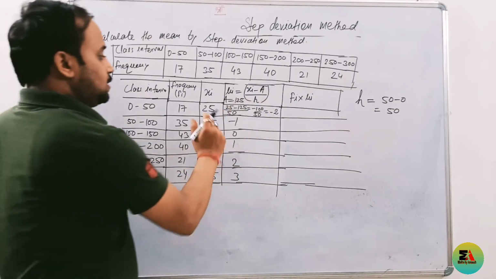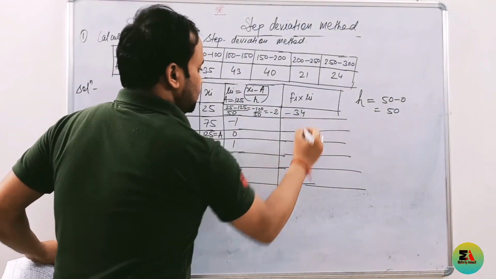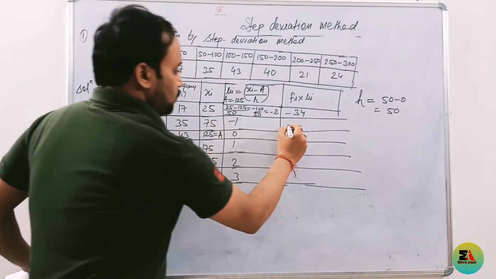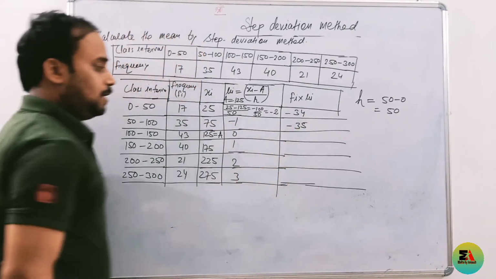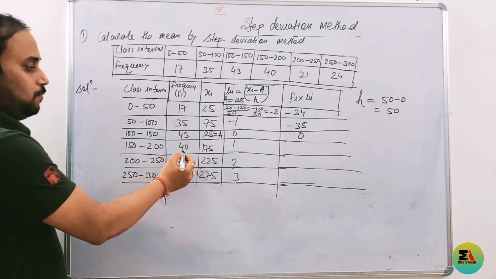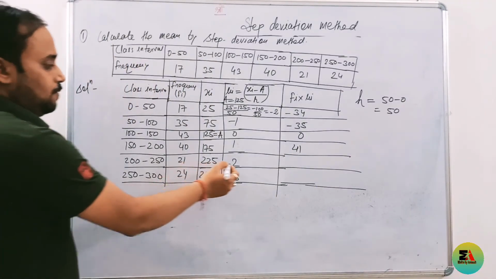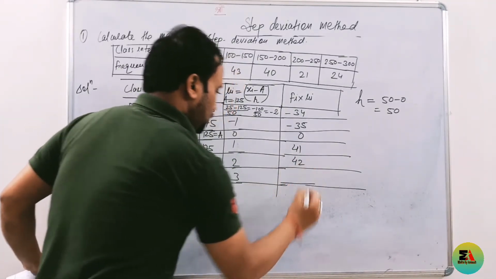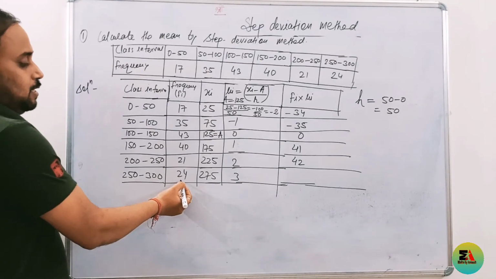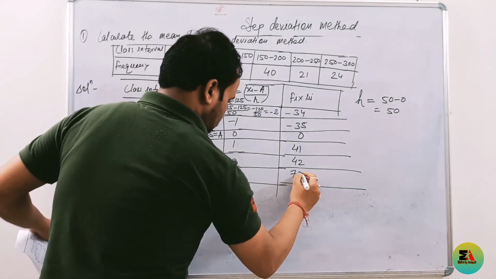Now our last work is to multiply. fi into ui: 17 into minus 2 becomes minus 34. 35 into minus 1 becomes minus 35. 43 into 0 becomes 0. Next, 40 into 1 becomes 40. Now 21 into 2 becomes 42. And the last one, 24 into 3 becomes 72.